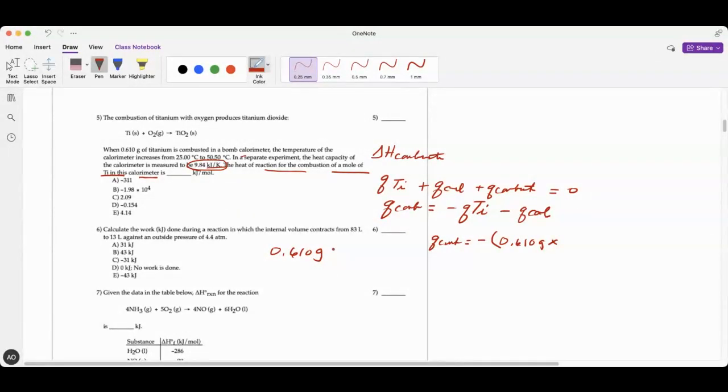0.61 grams of titanium. Does anyone know the molar mass of titanium? It's 47.867. I'm sorry, it's what? 47.867.